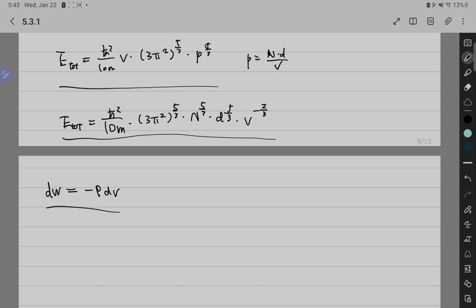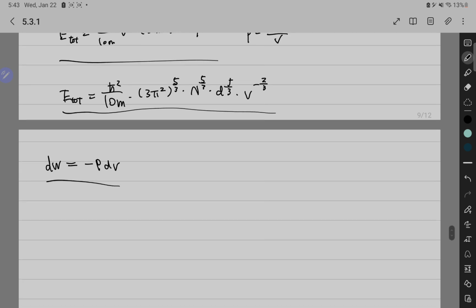Then we have the formula for this. So the change in total energy with volume is going to be partial E total over partial V times dV. Because among all the variables within this E total formula, we have a lot of constants, but the only thing that matters here is the variable volume.